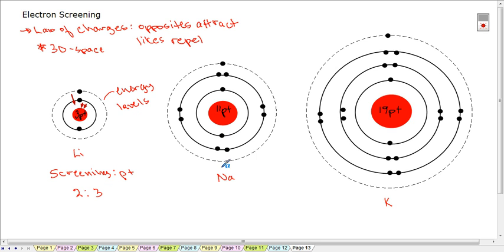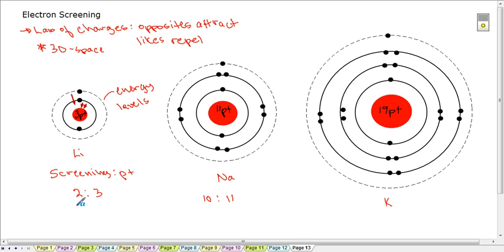Now when it comes to sodium, we have 10 electrons screening, and we have a positive charge of 11 in the nucleus. So this is interesting. We go from a 2 to 3 ratio all of a sudden to a 10 to 11 ratio, right?